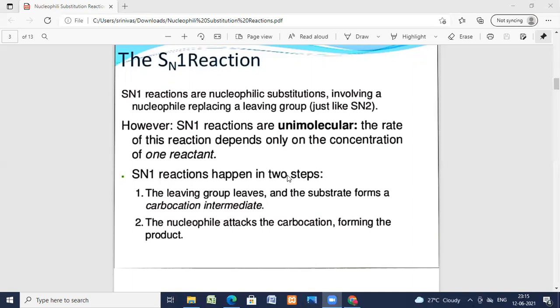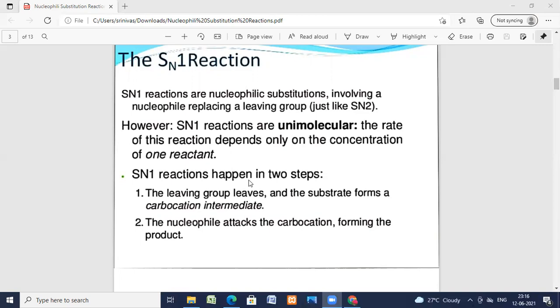The leaving group leaves and the substrate forms a carbocation intermediate. The nucleophile attacks the carbocation and forms the product. This is the SN1 reaction. I'm going to explain it in detail by showing the diagram.